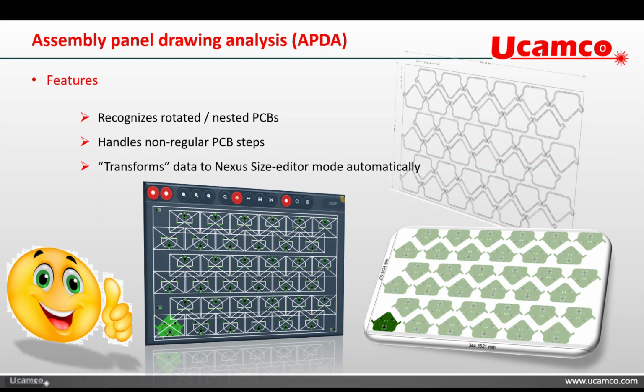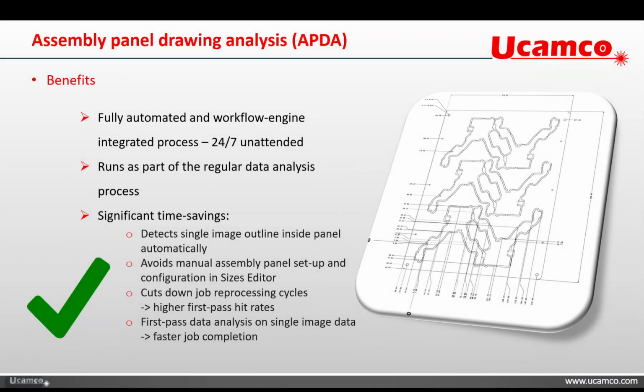So not only has the module extracted the information from the different layers and written it back to the QED report, it's also creating the assembly panel as if an operator would have done it manually in the size editor. That's actually quite neat to see, as we will find out in a minute.